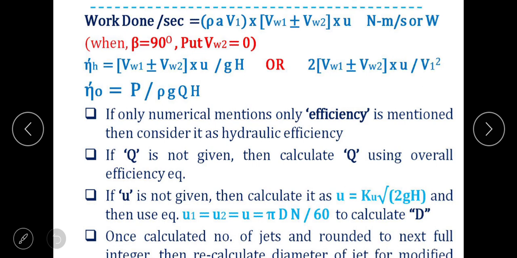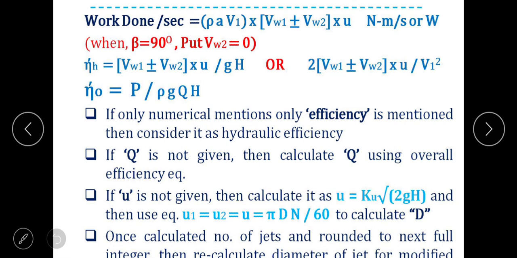Then hydraulic efficiency is equal to (Vw1 plus or minus Vw2) multiplied by u whole divided by gH, where H is the net available head. Or we can write 2 times (Vw1 plus or minus Vw2) multiplied by u whole upon V1 squared.